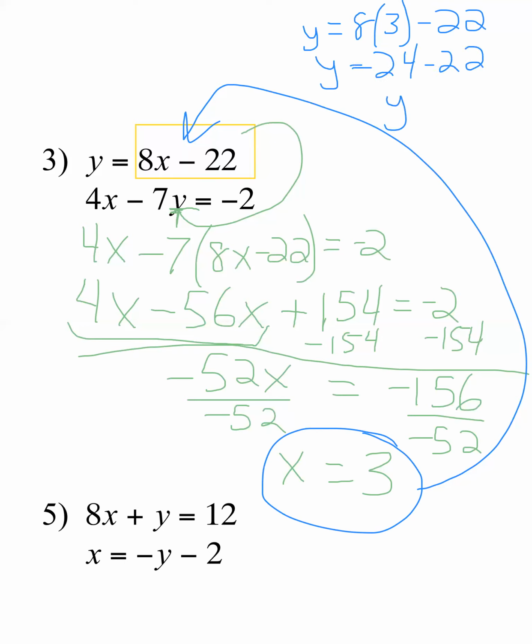That means y is going to be 2. So I have both of my values, the x and the y. I'm going to write my ordered pair answer: (3, 2). See, this one did not have a 0 in it. All right, let's try one more together, and then I'll let you try the rest on your own.